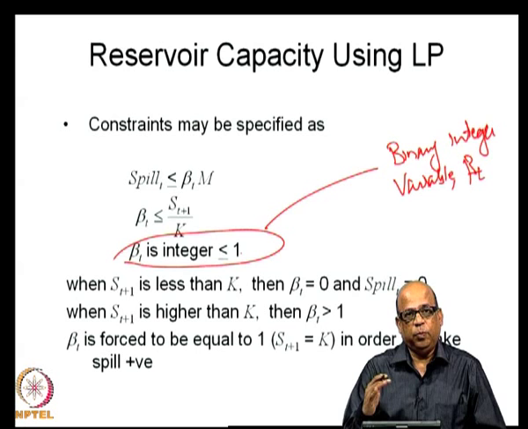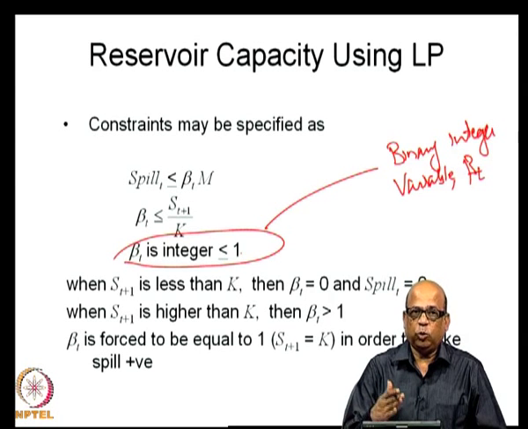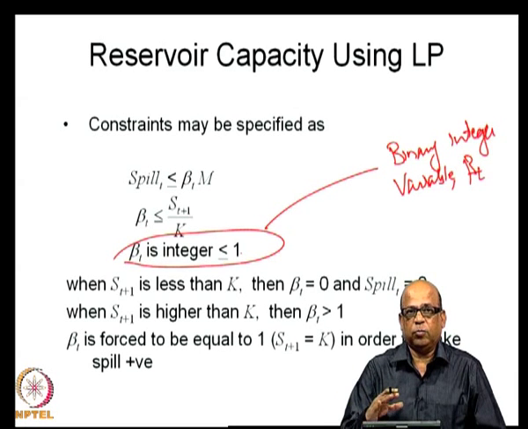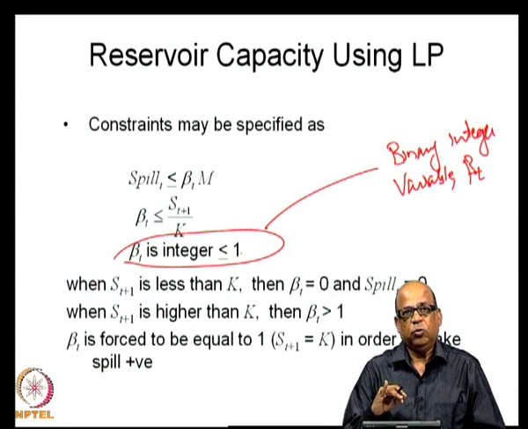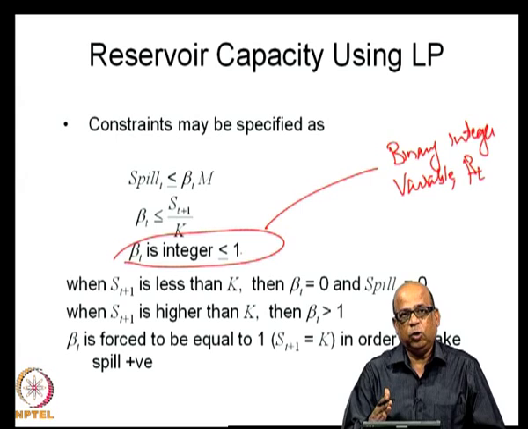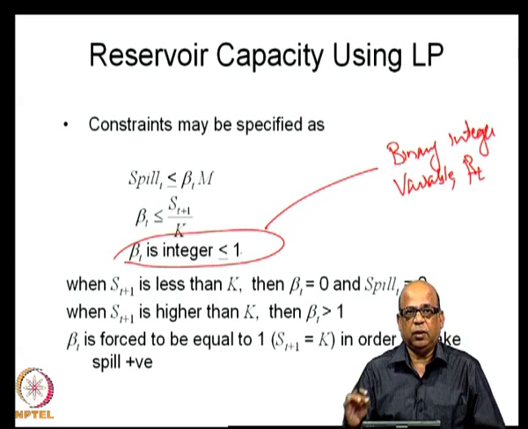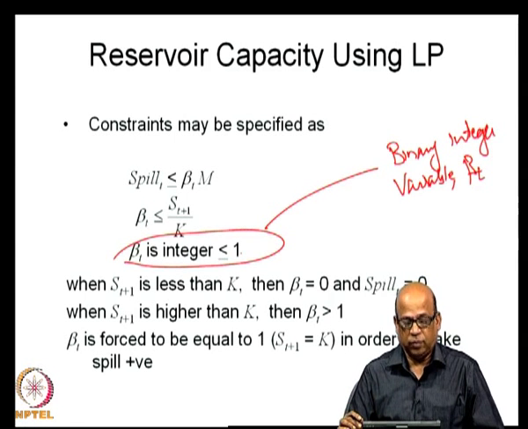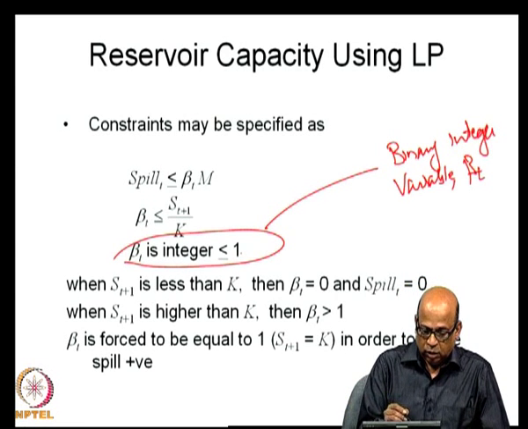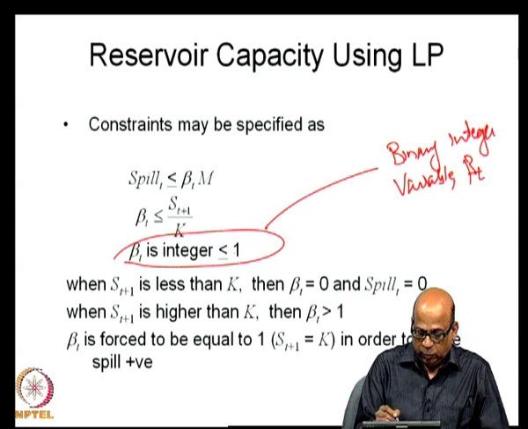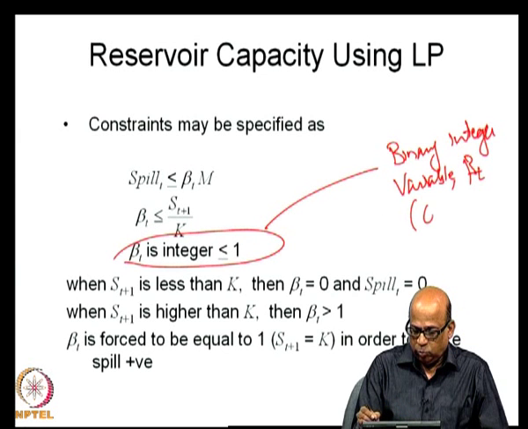Because beta t also has to be non-negative, there are only two values possible for beta t, namely 0 and 1, because we are saying it has to be an integer variable.